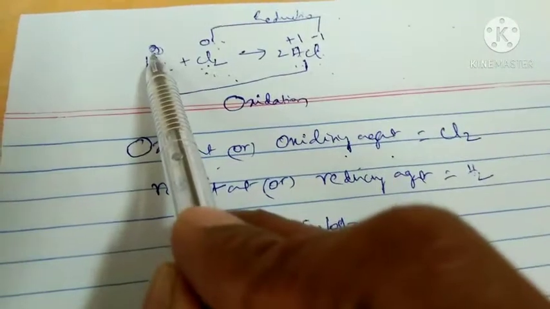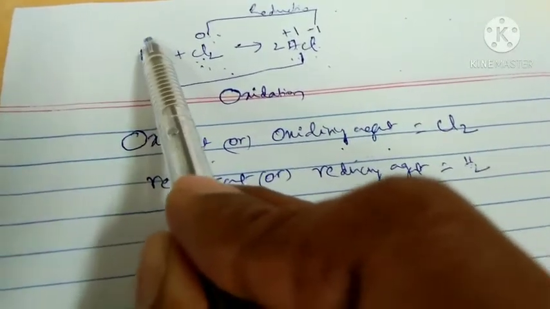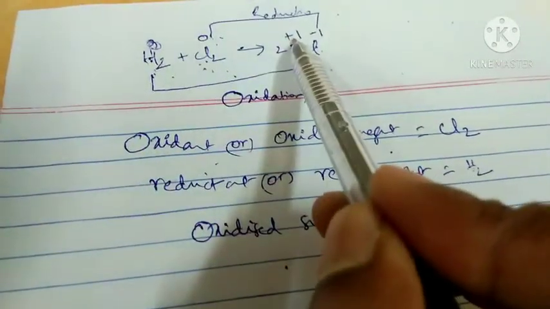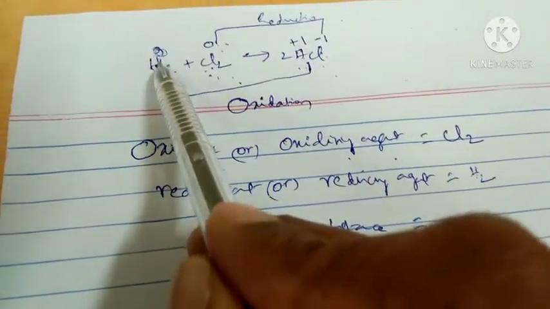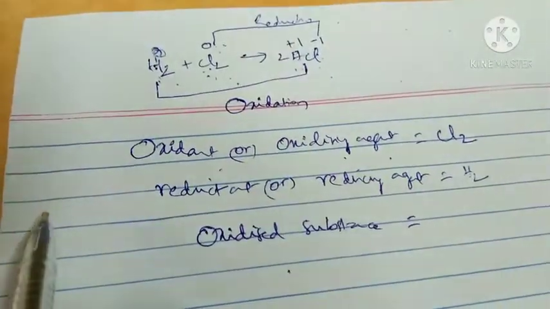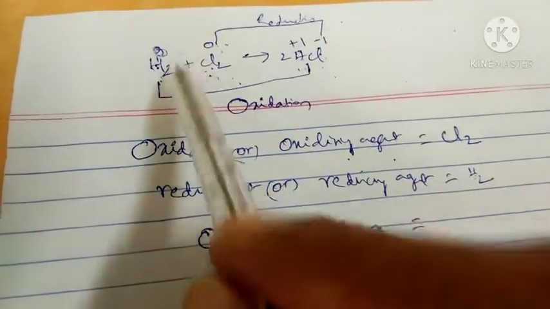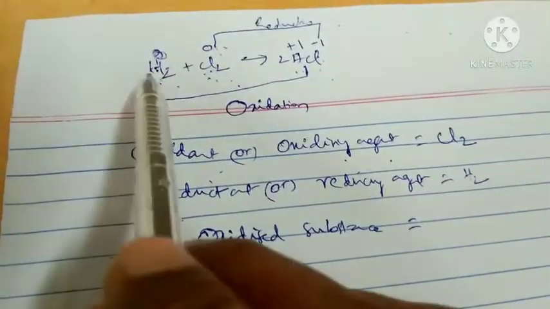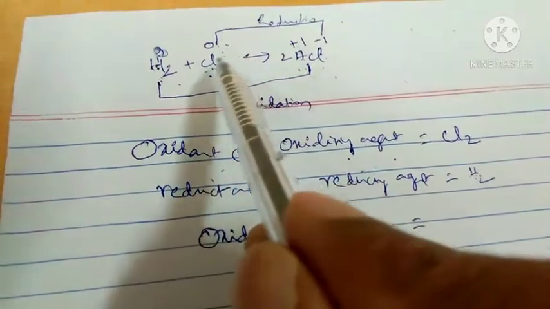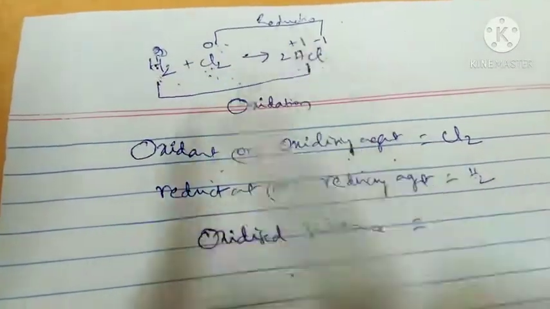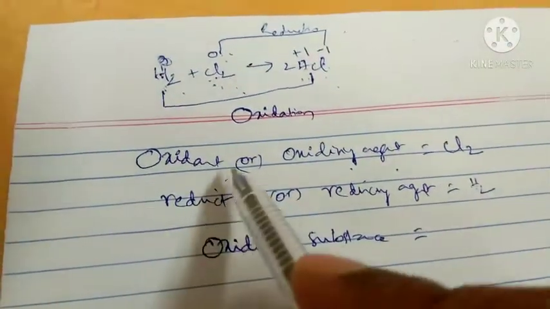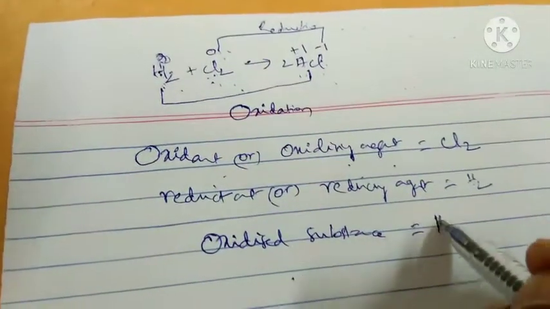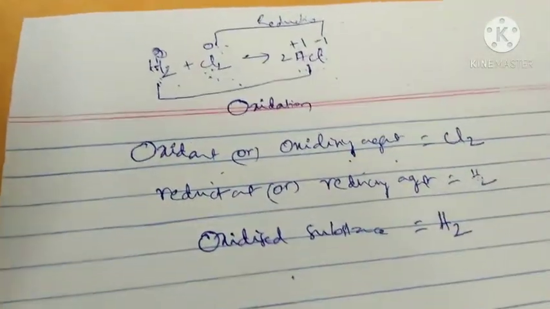See, in the case of hydrogen, here the oxidation state is 0, here the oxidation state is plus 1. That means the oxidation state increases. When it reacts with chlorine, it loses electrons, so hydrogen goes from 0 to plus 1. That can be considered as oxidized substance, that is H2.